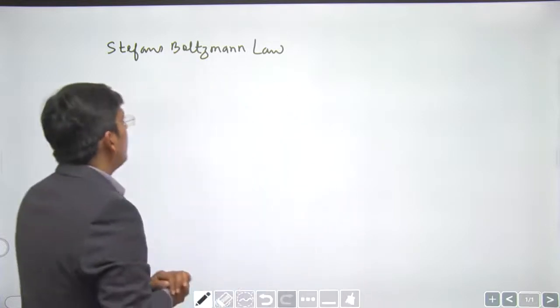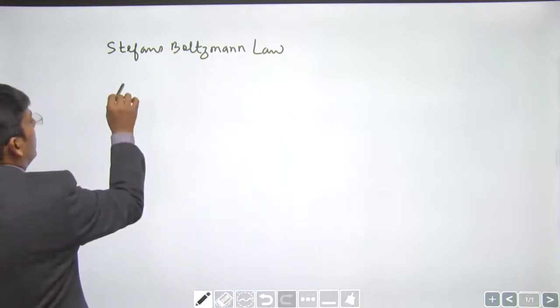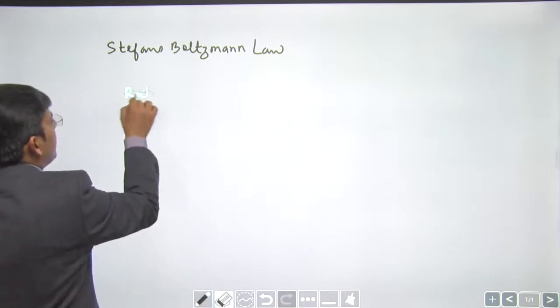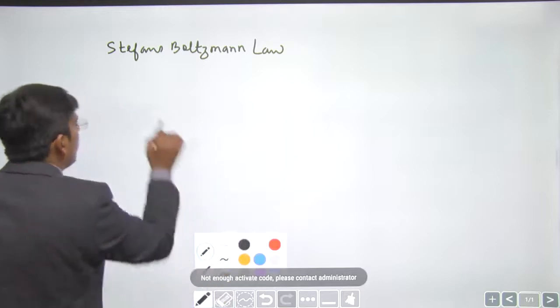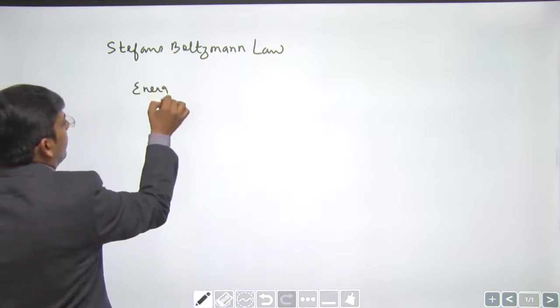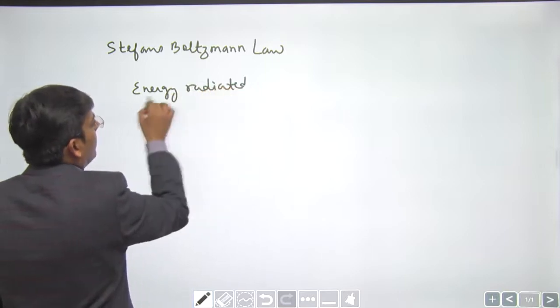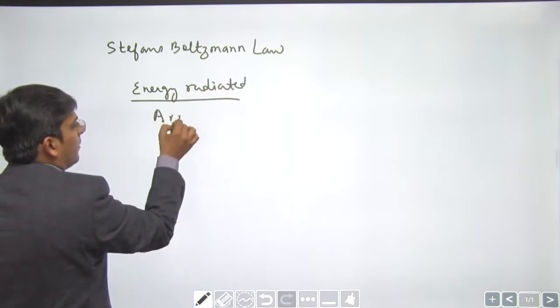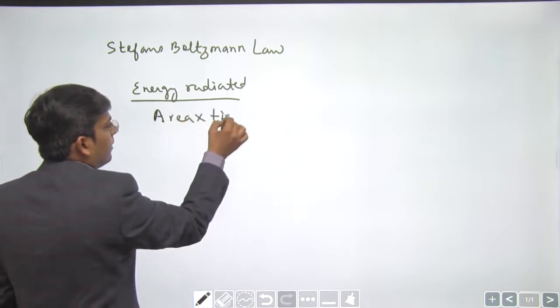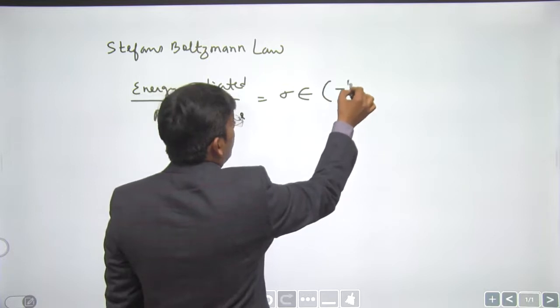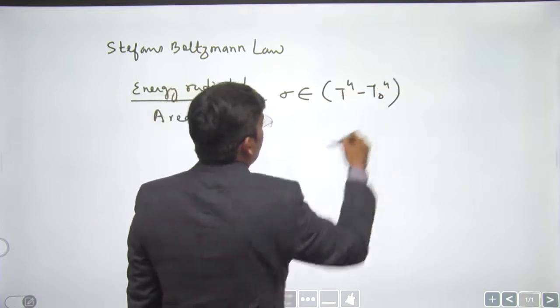So in that case, you use the Stefan-Boltzmann law for the rate of cooling. So this is the energy radiated per unit area per unit time: energy radiated divided by area per unit time equals sigma epsilon (T to the power 4 minus T naught to the power 4), dear students.